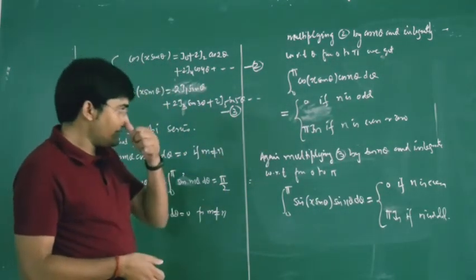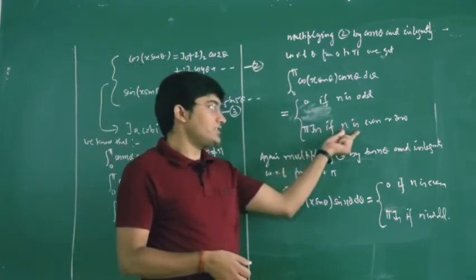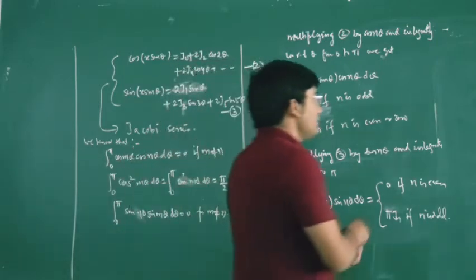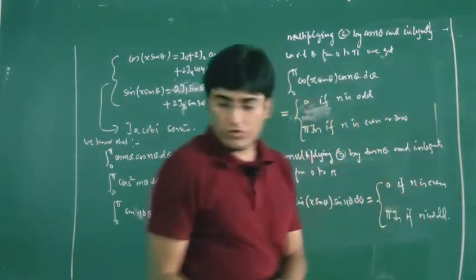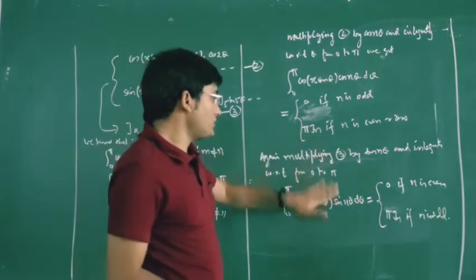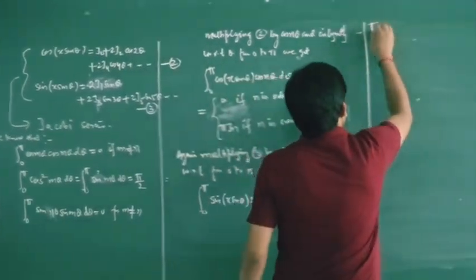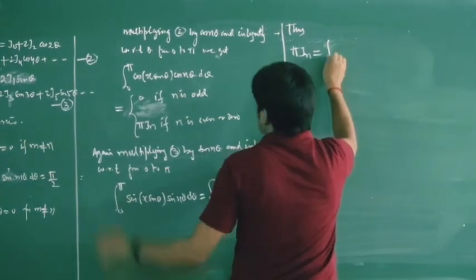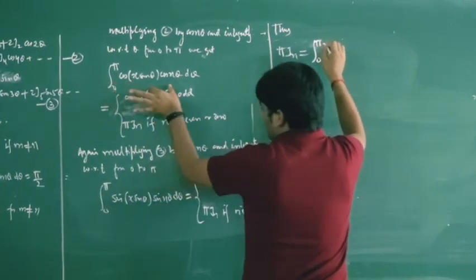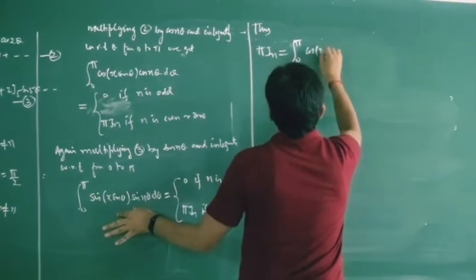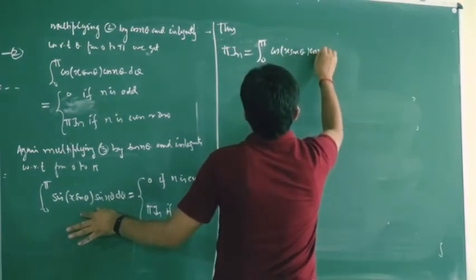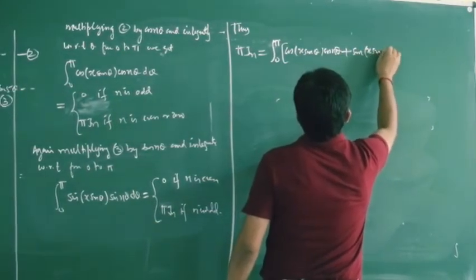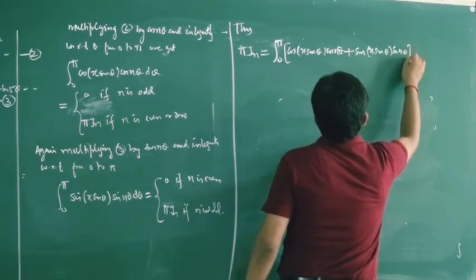Now this is when your n is even or 0, and this is when n is odd. So if you combine these two results, then we can say that pi into Jn will be equal to the integral 0 to pi of cos of x sin theta cos n theta plus sin of x sin theta into sin n theta, d theta.